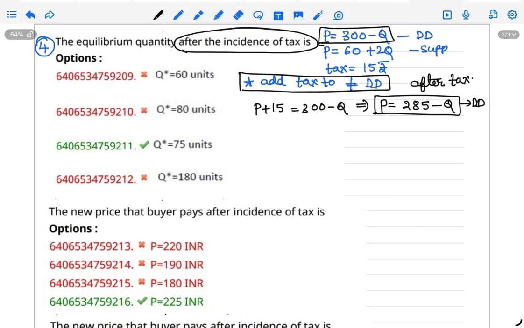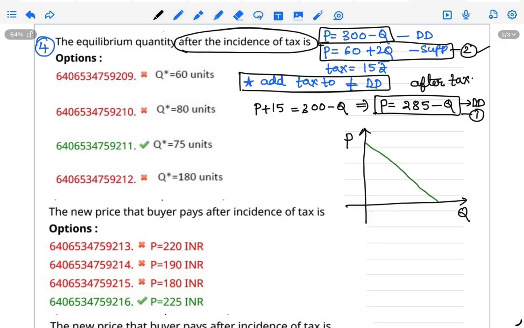The supply is the same. This is equation number 2. The green line is the demand function, this is the supply, and this is the equilibrium point, with quantity Q star after the tax.